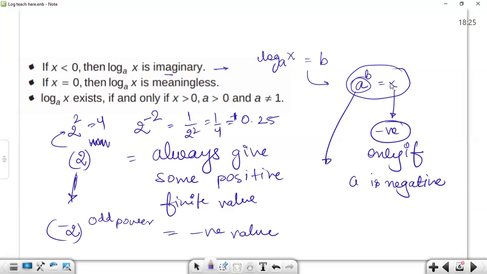Then only the exponential function's answer will come out negative. So when x is negative, the logarithm of x to the base a is imaginary. Its solution does not exist. And if x is equal to 0, the logarithm of x to the base a is meaningless.